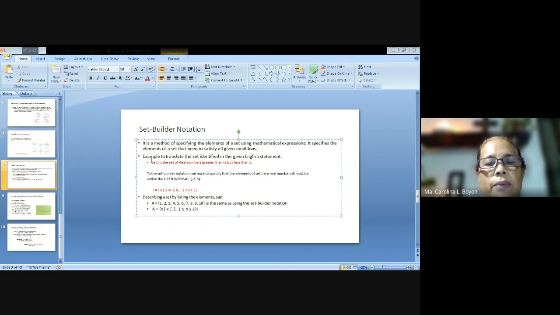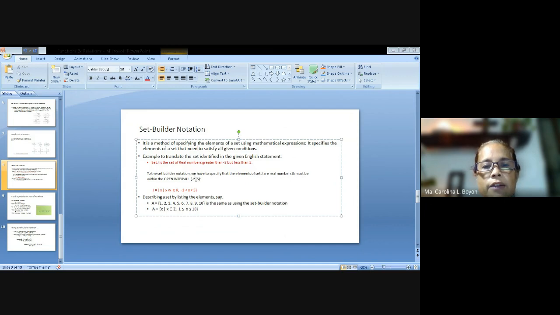Okay, so example, if we want to translate the set identified as the set J is the set of real numbers greater than -2 but less than 5. To specify this set J with a set builder notation, we have to specify that the elements of set J are real numbers and must be within the open interval -2, 5.